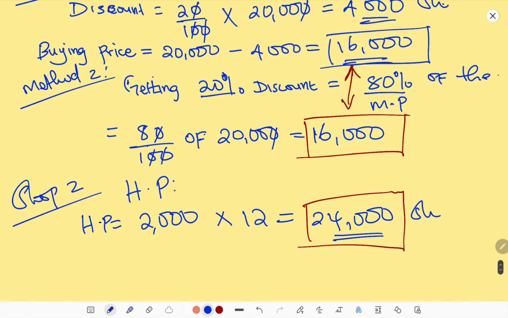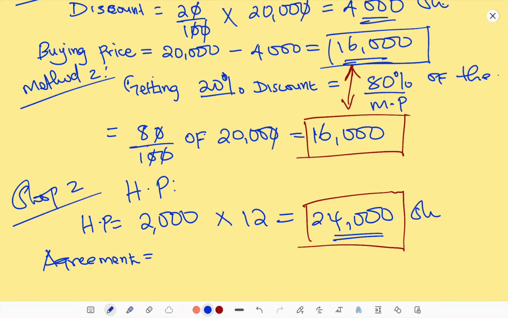Now let me explain a bit more on hire purchase. Hire purchase is whereby you go to buy maybe a television and you don't have enough money at the moment. Therefore, you get into an agreement with the person selling the television, in that you will be paying monthly.